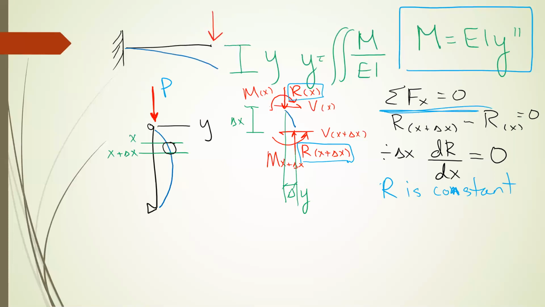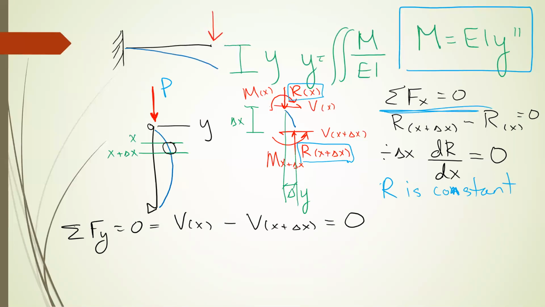Okay, so we can also look at the sum of the forces in the horizontal direction, which I've defined as Y. And that tells us that V at x minus V at x plus delta x is equal to 0. And so that means that they have to be equal.